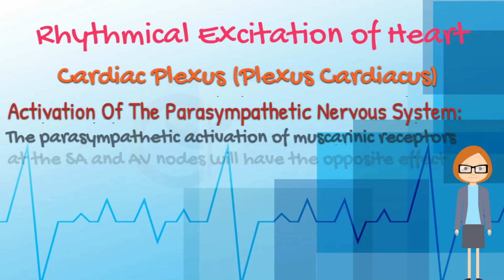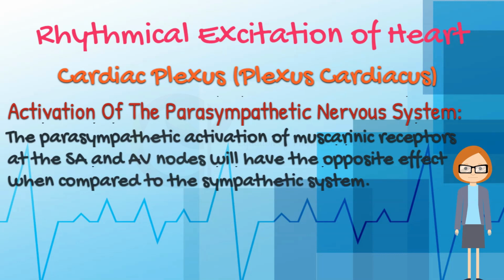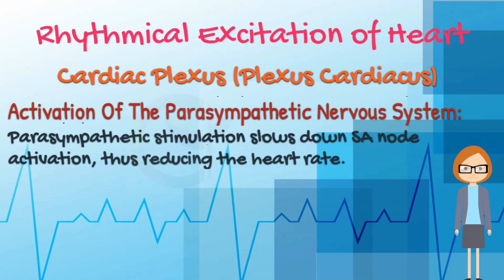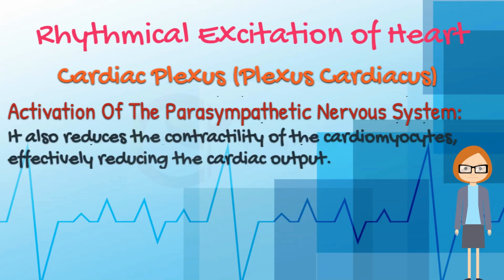On the other hand, the parasympathetic activation of muscarinic receptors at the SA and AV nodes will have the opposite effect when compared to the sympathetic system. Parasympathetic stimulation slows down SA node activation, thus reducing the heart rate. It also reduces the contractility of the cardiomyocytes, effectively reducing the cardiac output.